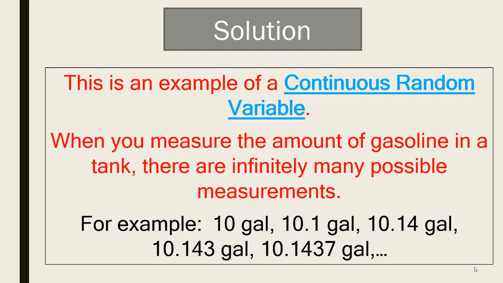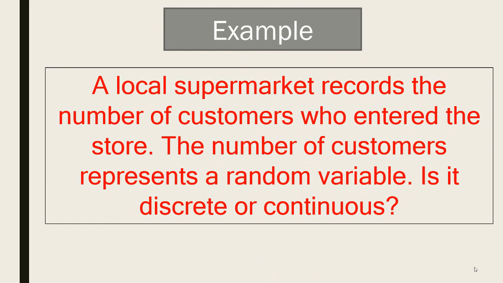Let's look at another example. A local supermarket records the number of customers who entered the store. The number of customers represents a random variable. Obviously, it's a number. Is it discrete or continuous? Think about that for a second. Are there an infinite number of possible answers or only a finite number?